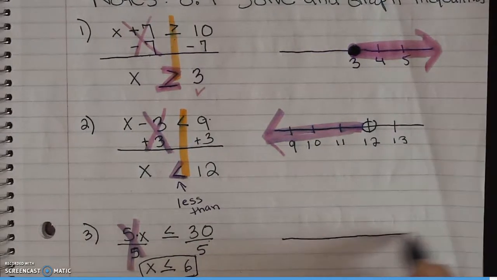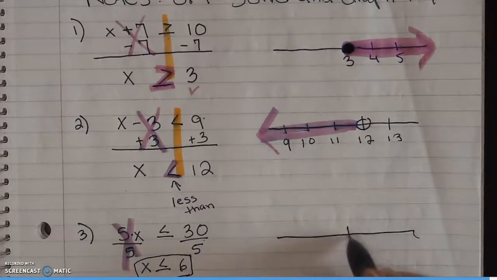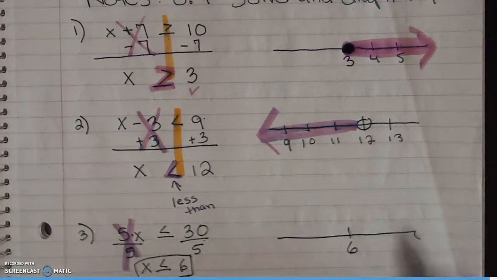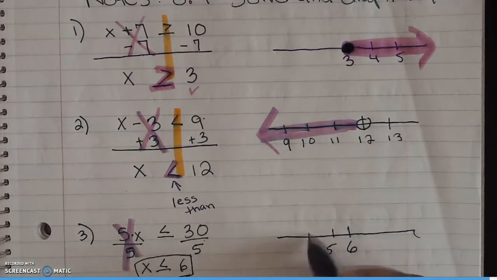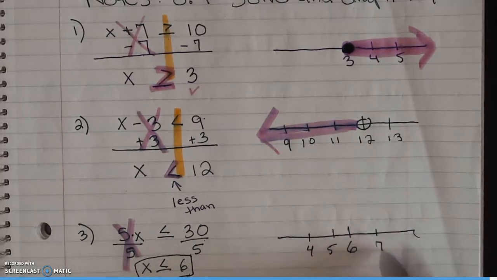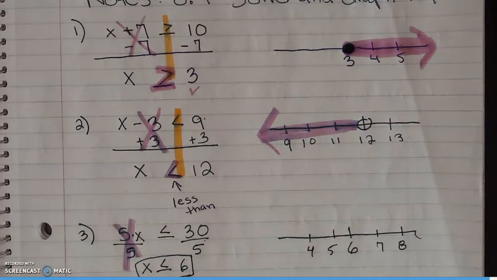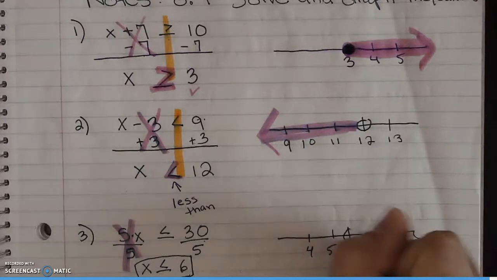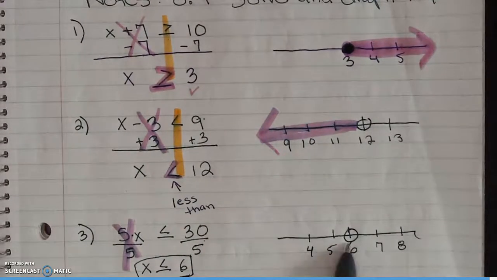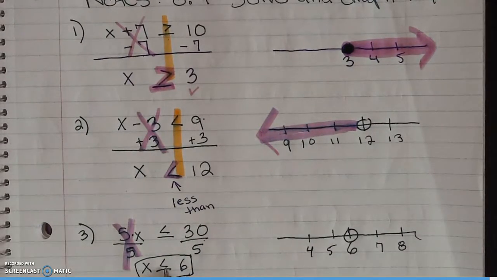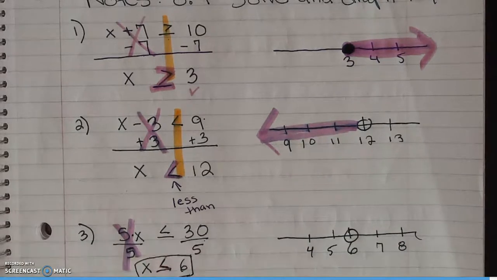Graph. I will go ahead and put 6 in the middle. And again, I'm going to put my numbers just so I could have an idea of what are next to them. You don't have to put all of them. And I'm going to circle. And since it's circled, that's because it is less than. It's less than, you know what? It's going to my left.